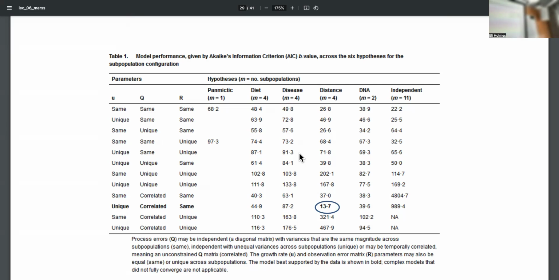And what this was saying is, first off, that it was simply distance, but the populations were correlated together. Makes sense, they're in this similar environment. And this is interesting, the observation errors were not unique.